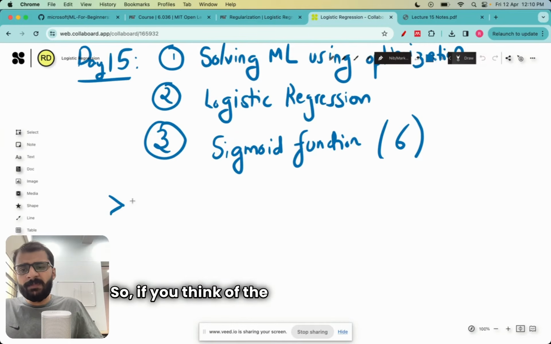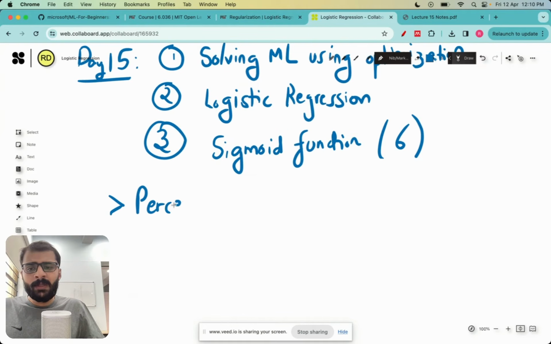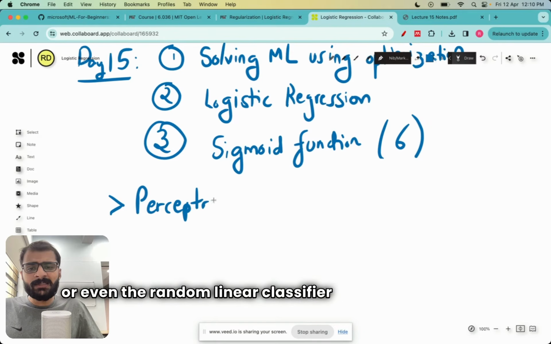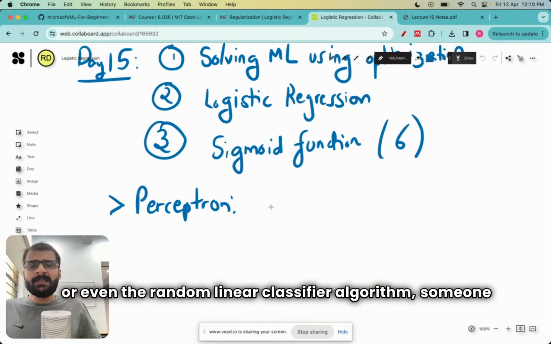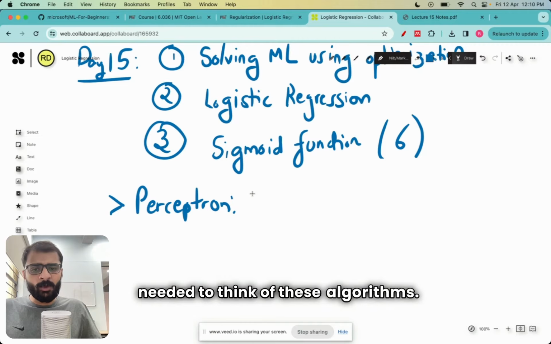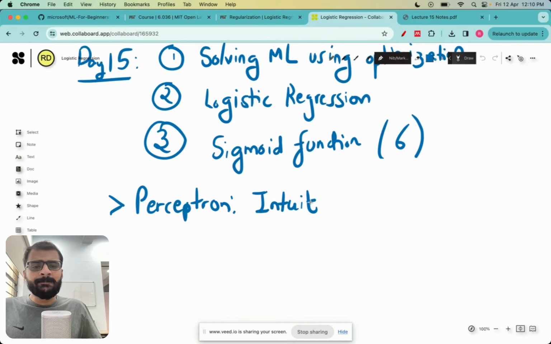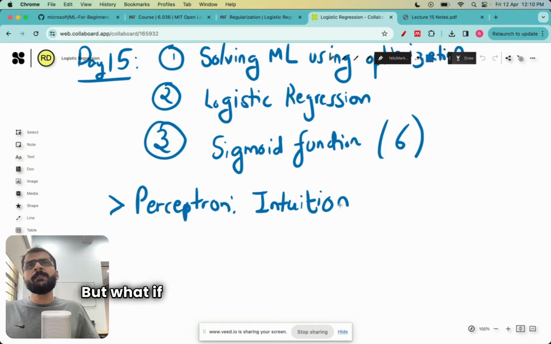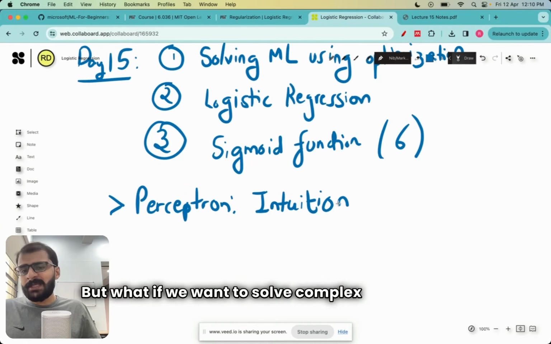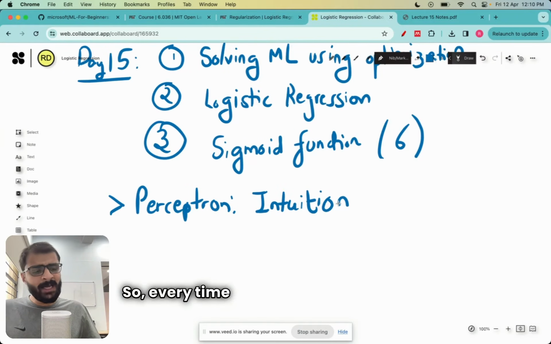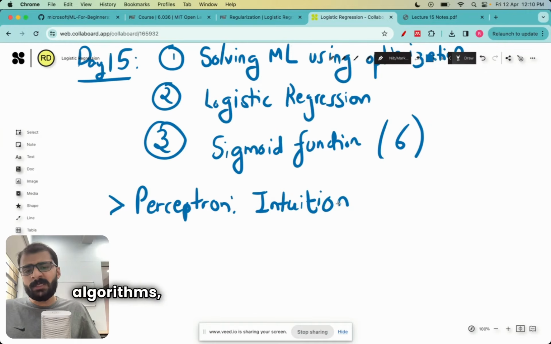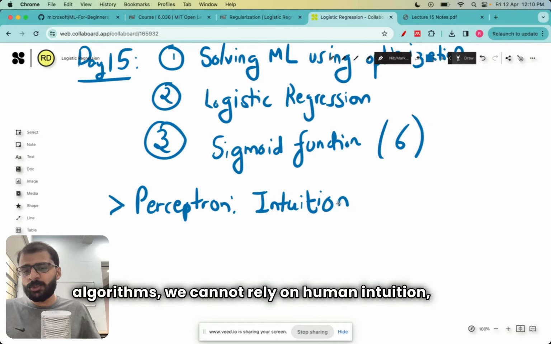So, if you think of the perceptron algorithm, or even the random linear classifier algorithm, someone needed to think of these algorithms. So they came from our intuition. But what if we want to solve complex ML problems? So every time we want to construct new algorithms, we cannot rely on human intuition, right?